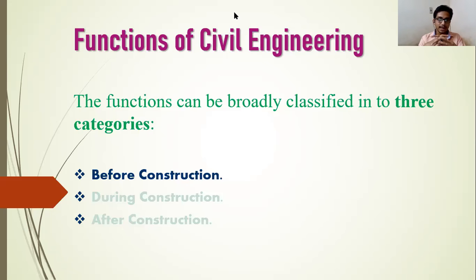In broad terms, I have divided the whole function of civil engineering into three parts: the functions civil engineers perform before construction, during construction, and after construction. So first we'll discuss some of the work civil engineers should do before construction.